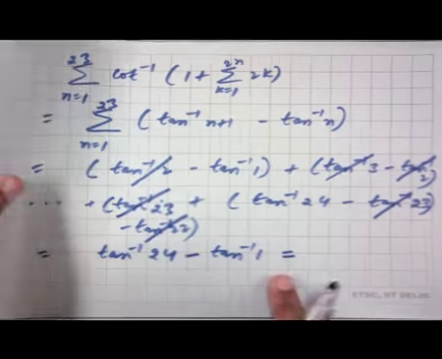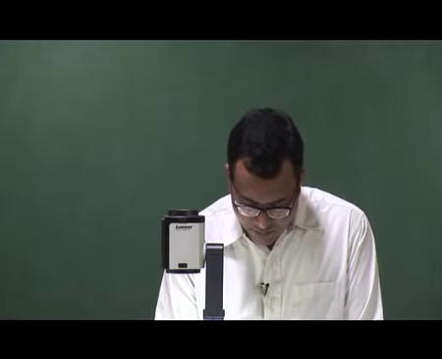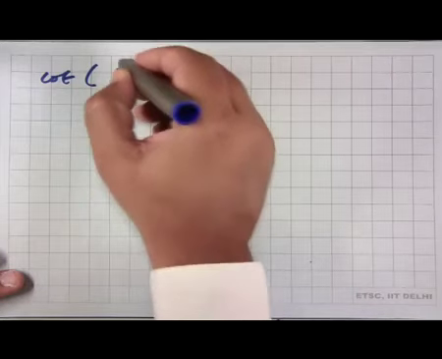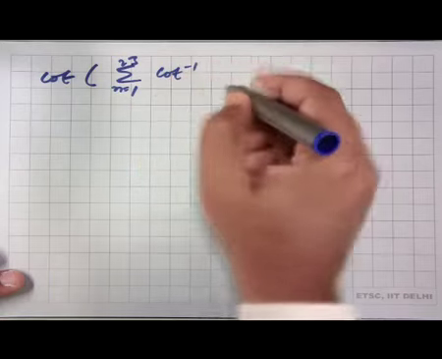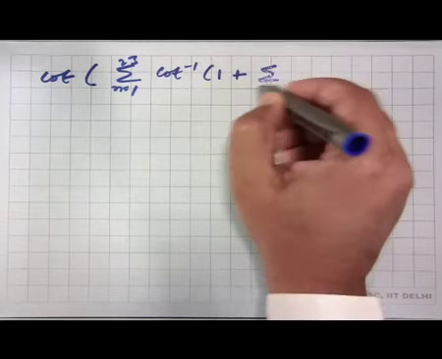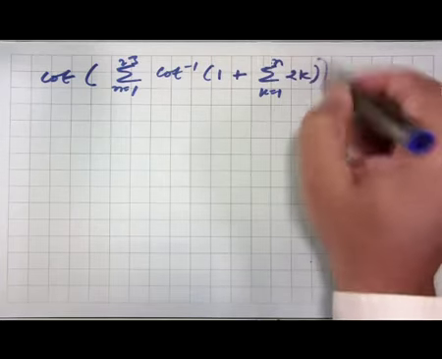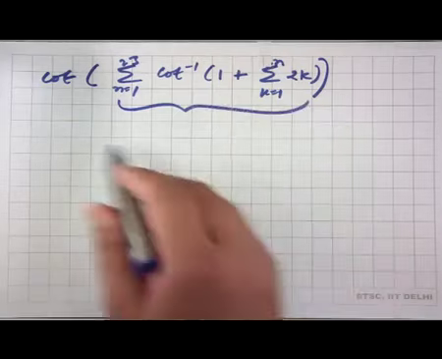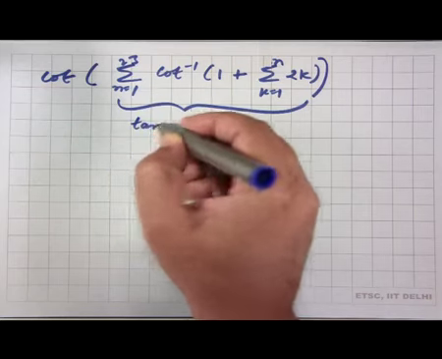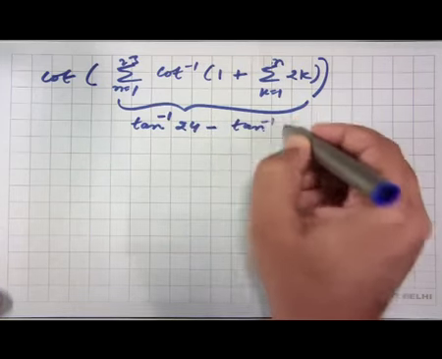So, what we have done so far is that we have shown that the thing inside the argument of the cot function, cot of summation n equal to 1 to 23 cot inverse of 1 plus summation k equal to 1 to 2n of 2k, is equal to tan inverse of 24 minus tan inverse of 1.